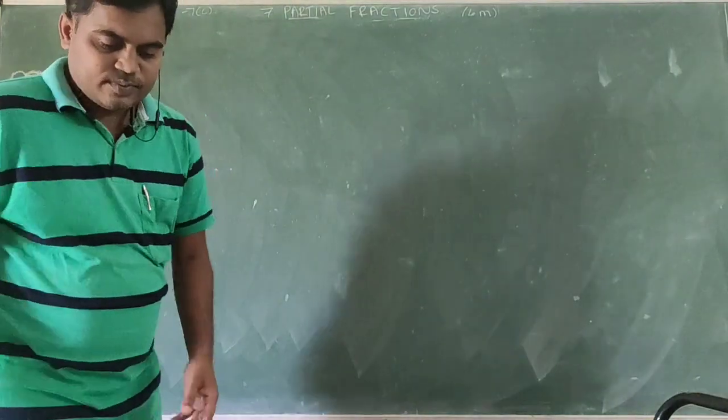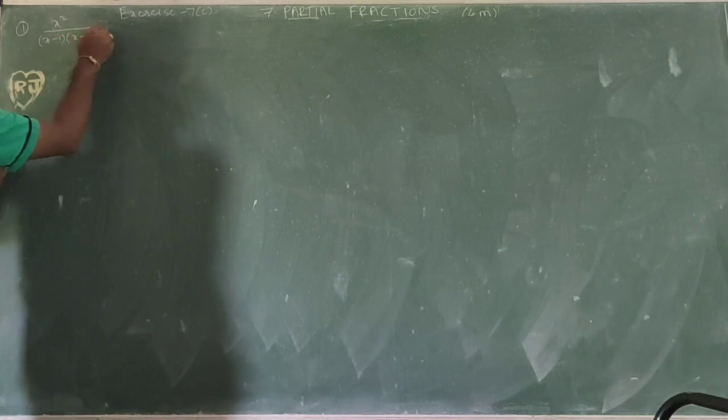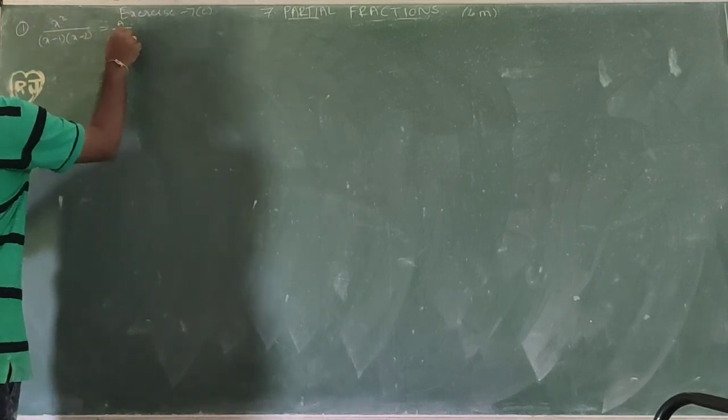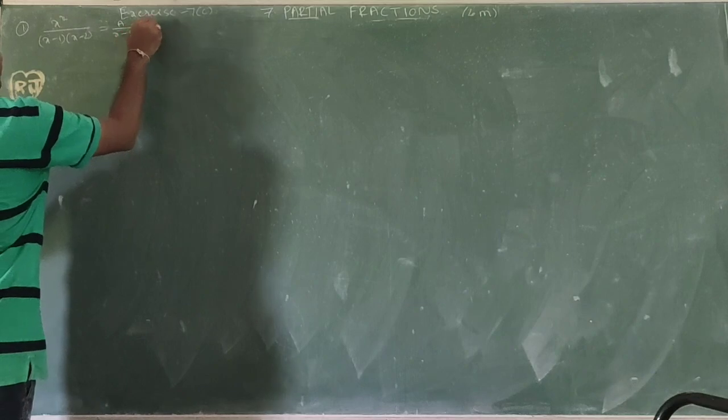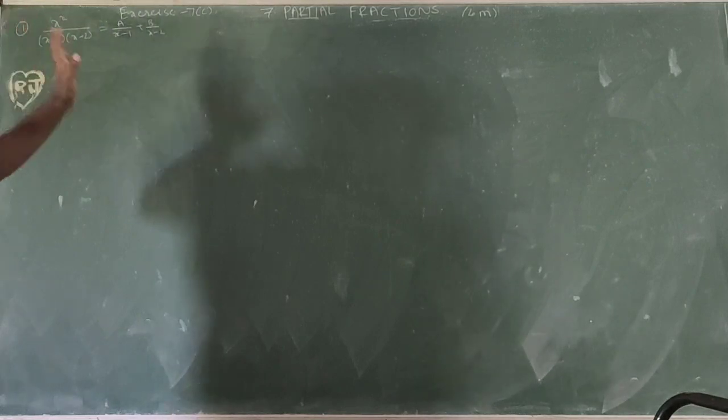The first one is x square by x minus 1 of x minus 2. If we write it like a by x minus 1 plus b by x minus 2, we will get some answer, but it is wrong because it is not a proper fraction, it is an improper fraction. We won't do it like this directly.